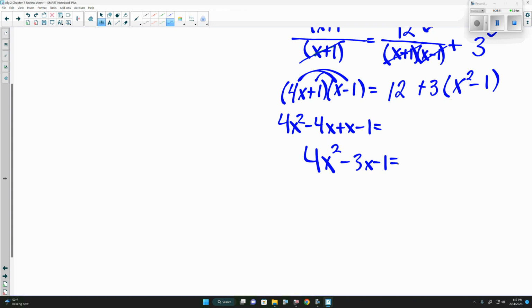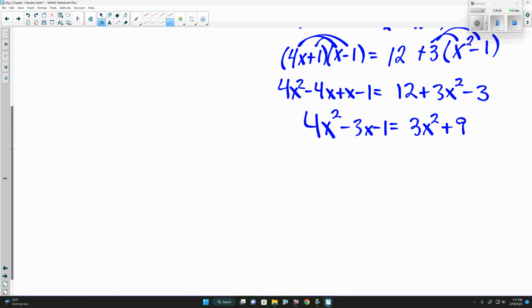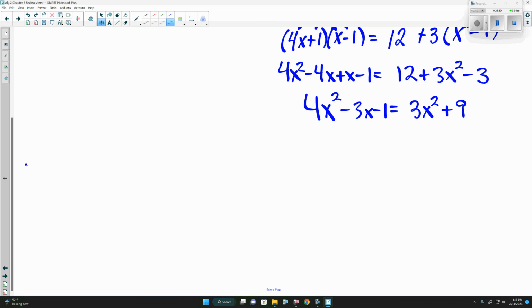On the other side, we need to distribute the 3. So we'd have 3x squared minus 3. And we do have like terms on the other side: 12 minus 3 is 9. Now we do need to get it equal to 0.